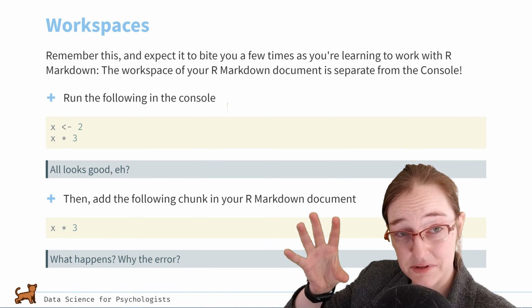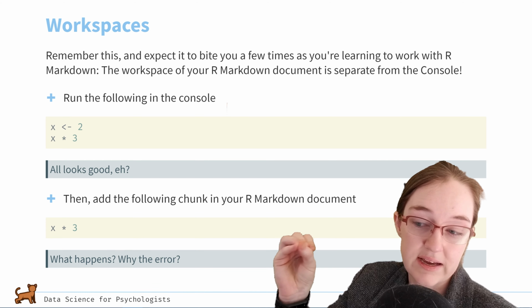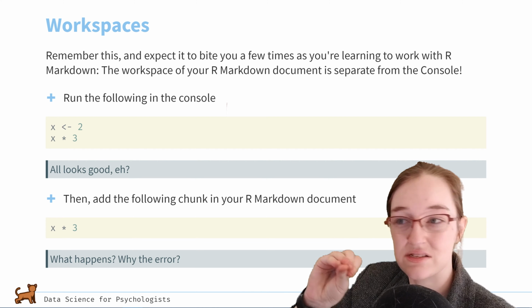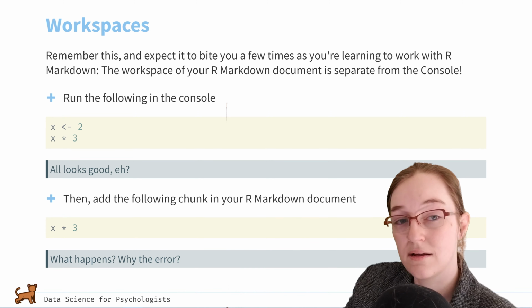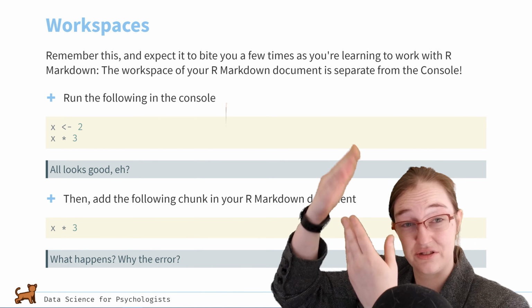So for Markdown documents, your code needs to be fully reproducible. It's like Markdown has amnesia. It doesn't remember anything that you did outside of what you tell it in that exact session. It clears the session and runs the whole thing.